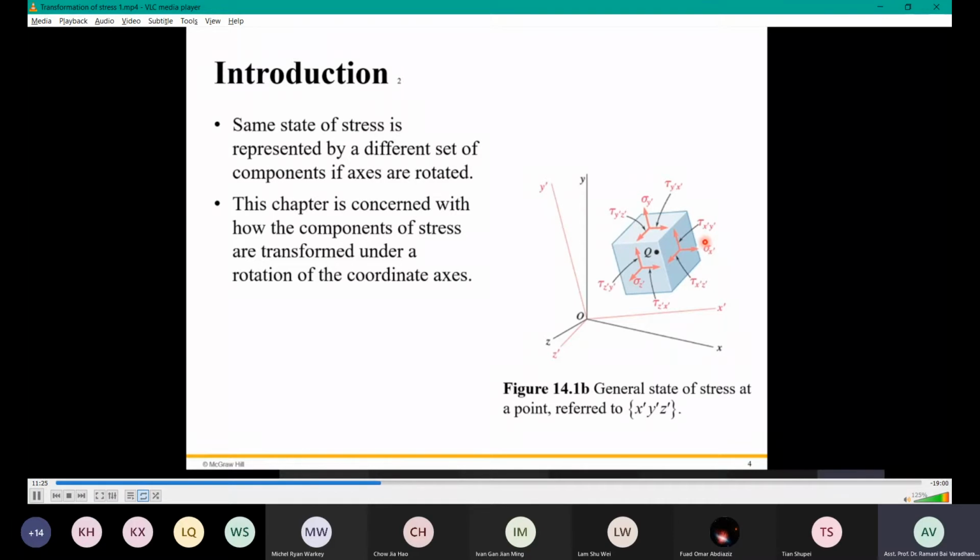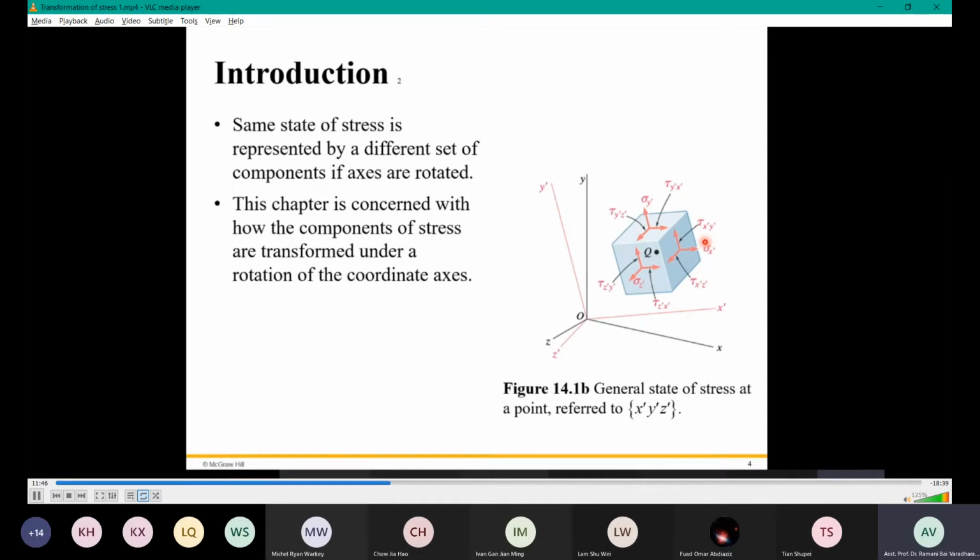You need to remember there is a sign convention for the stresses and the plotting. You have to follow it. Tension is taken positive, compression negative, and then upward, downward. I will explain when it goes to the Mohr circle.